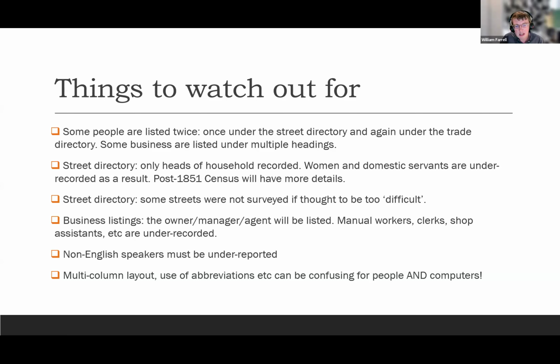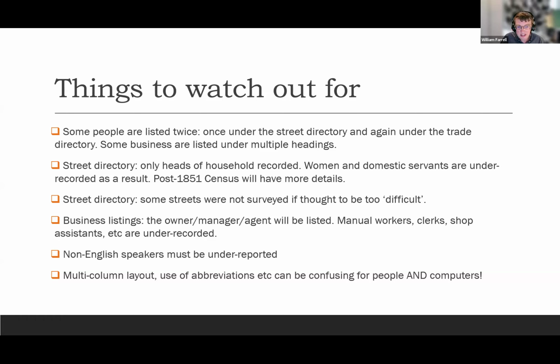And the extent of multiple occupancy of premises and some very convoluted backstreet layouts meant they were quite difficult to get around anyway. So poorer areas of the major cities are underreported in the street directories. And again, the census is much better for poorer areas of major cities, where an effort was made to try and visit every single household.